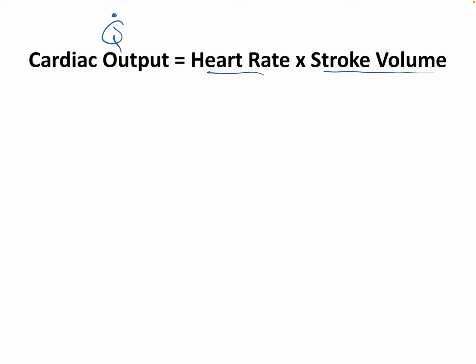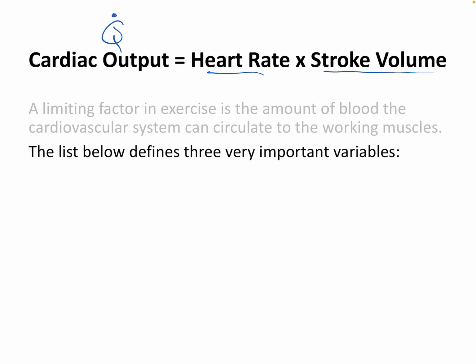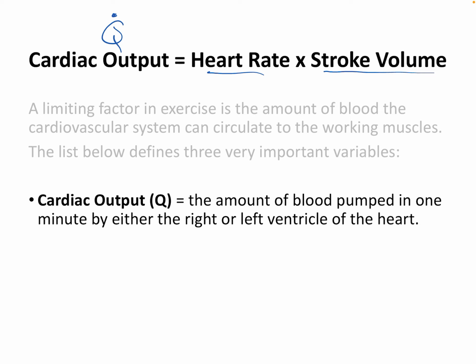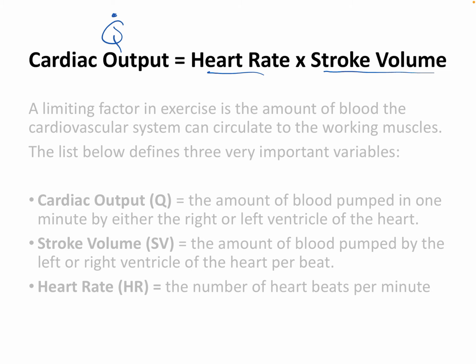What about stroke volume? Stroke volume is the amount of blood per beat, and our heart rate is the number of beats per minute. So our cardiac output takes into account both the heart rate and the stroke volume.